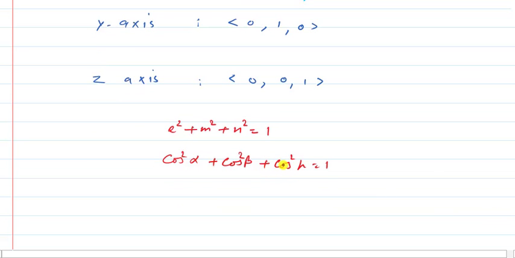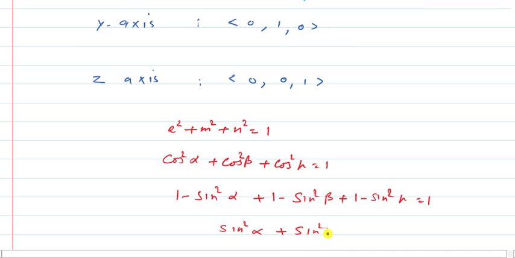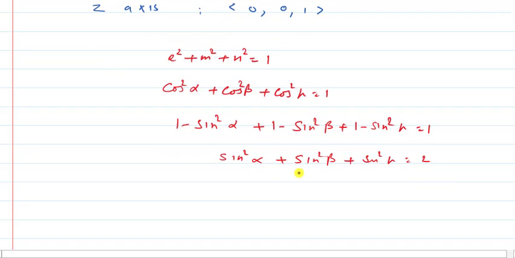And you can express it in the form of sine as well. In that case you will have 1 minus sine square alpha plus 1 minus sine square beta plus 1 minus sine square gamma is equal to 1. On simplifying this, you will have sine square alpha plus sine square beta plus sine square gamma is equal to 2. So these two results are very important and you should know these two.